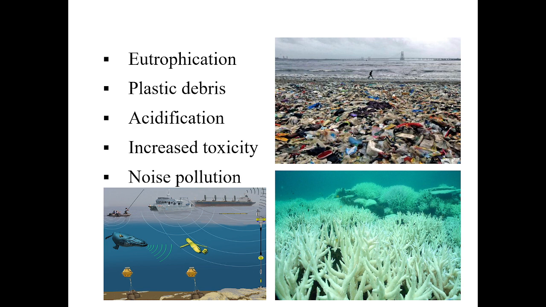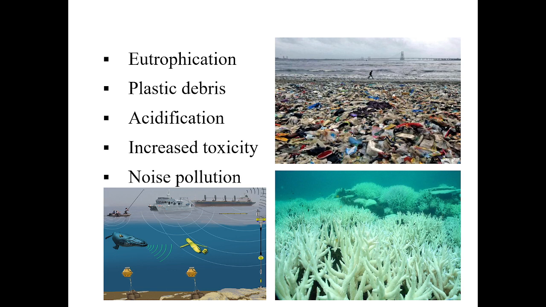Then plastic debris, which accumulates because of tourism. The next one is acidification. As we know, different chemicals or pesticides enter the aquatic ecosystem, and that will alter or change the pH.